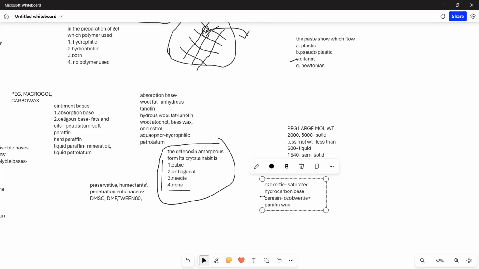These are some extra types of waxes I wanted to discuss. Generally for the mixing of ointments, the most widely used equipment is the triple roller mill.